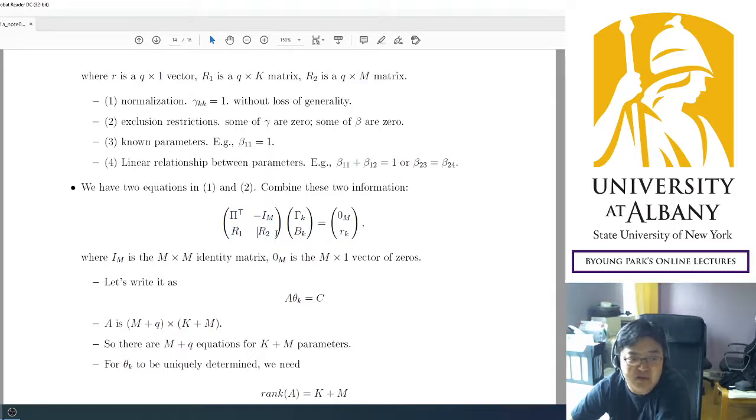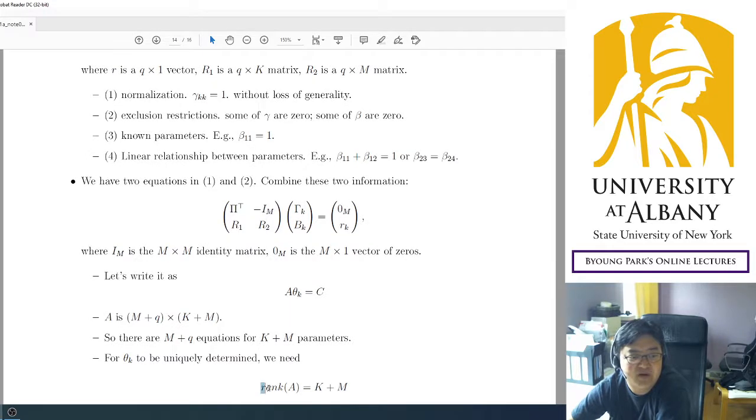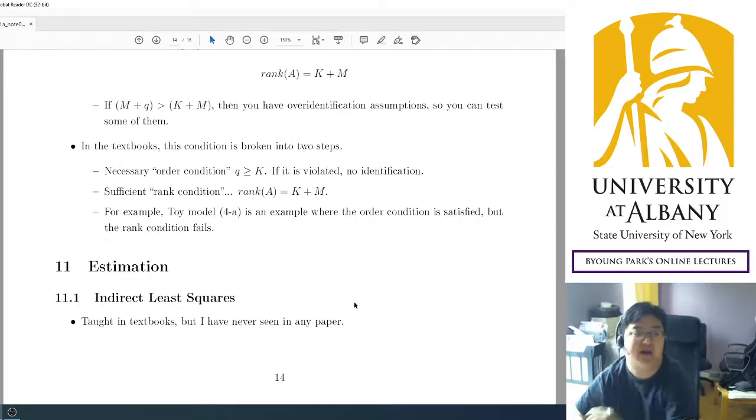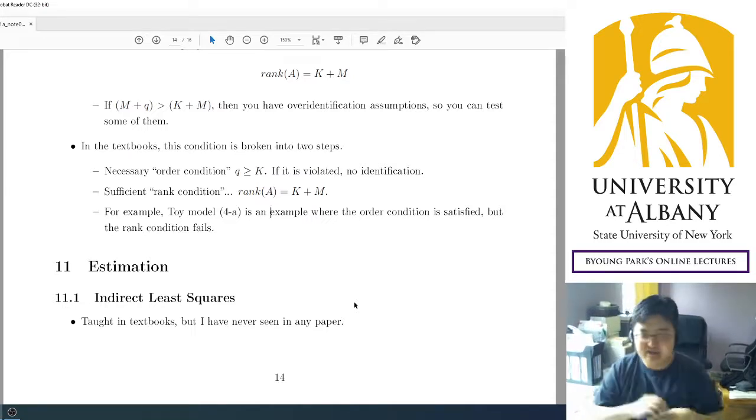So if you can invert this matrix, then you can identify this. That is as simple as this. So you have to have full rank. If you write this matrix as A, its rank must be at least the number of these parameters, the dimension of the parameters, k plus m. Then you can identify.